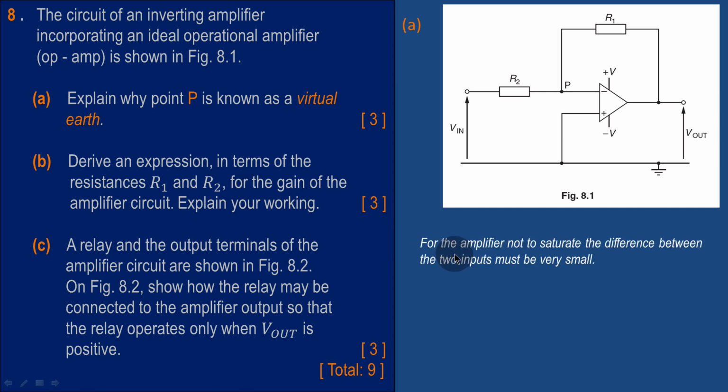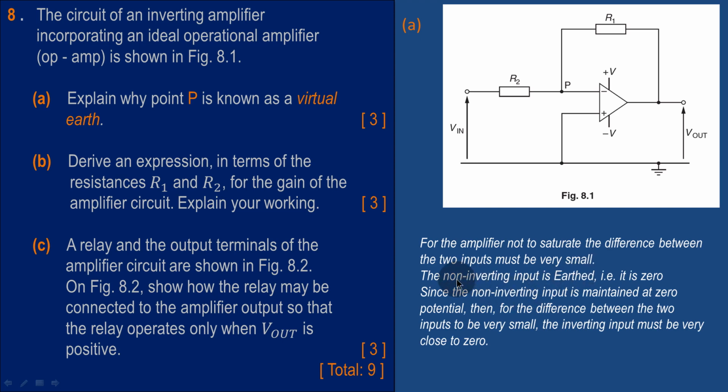So these are the 3 points. The first one is that for the amplifier not to saturate, the difference between the two inputs must be very small. The second point is that the non-inverting input is earthed, that is, it is 0 volts.